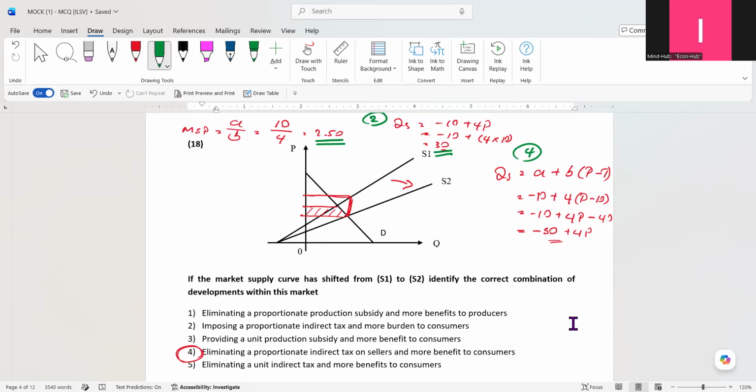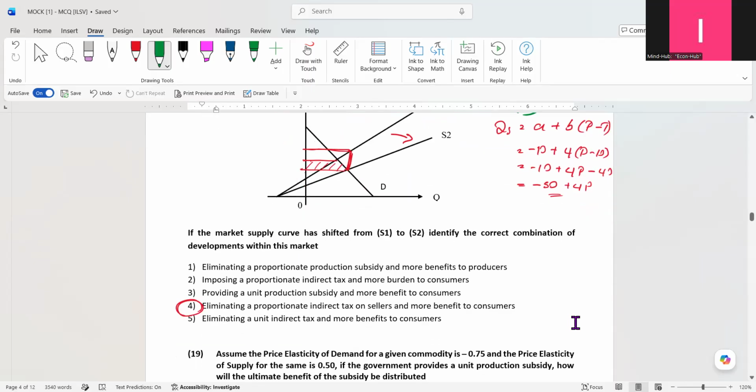Now we have learned a tool for this in the MCQ toolbox volume 3: the relationship between elasticity and tax burden and subsidy benefit. Taxes, less burden if you are elastic. Subsidies, less benefit if you are elastic.